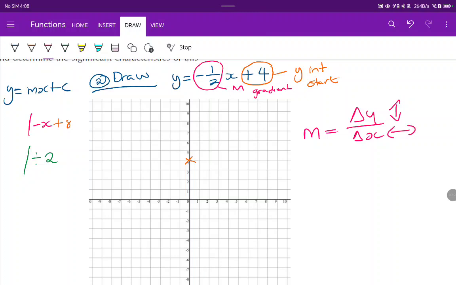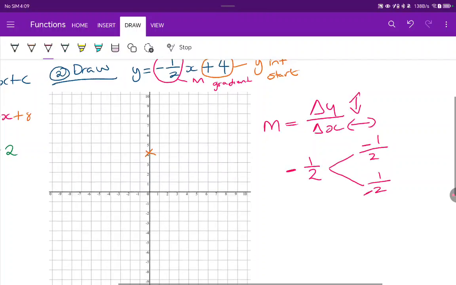How do you know which direction to take? Direction is determined by the sign. So now I have negative a half. What does this mean? This can mean either negative 1 over 2, or it can be 1 over negative 2. That minus sign goes to one of the two. But now I need to decide which one.